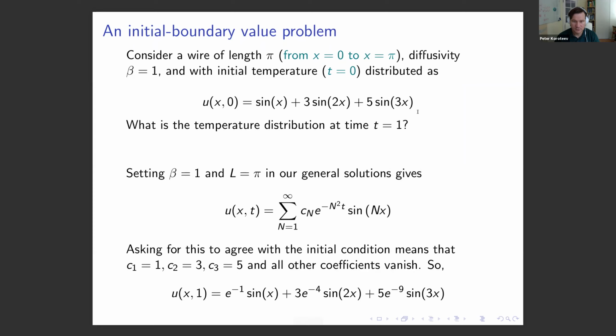So you plug those in, and this will be your answer. So u of x at t equals 1 will have the following spatial distribution of temperature, with these coefficients.